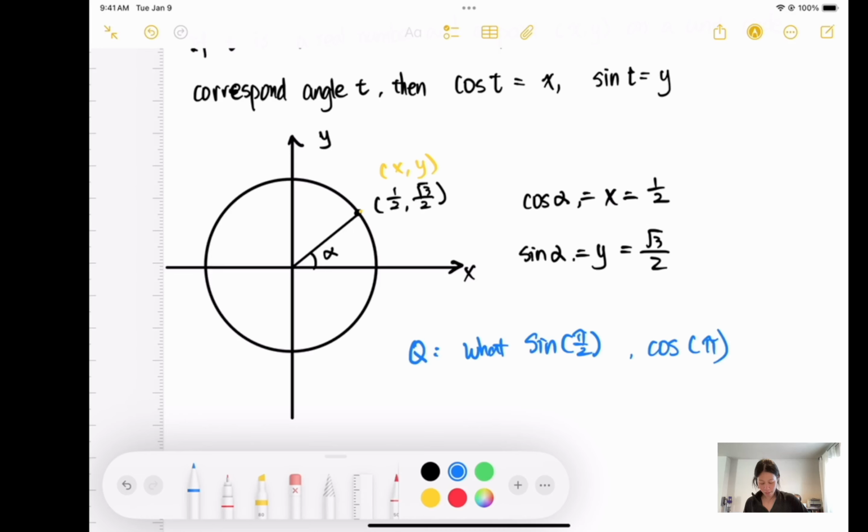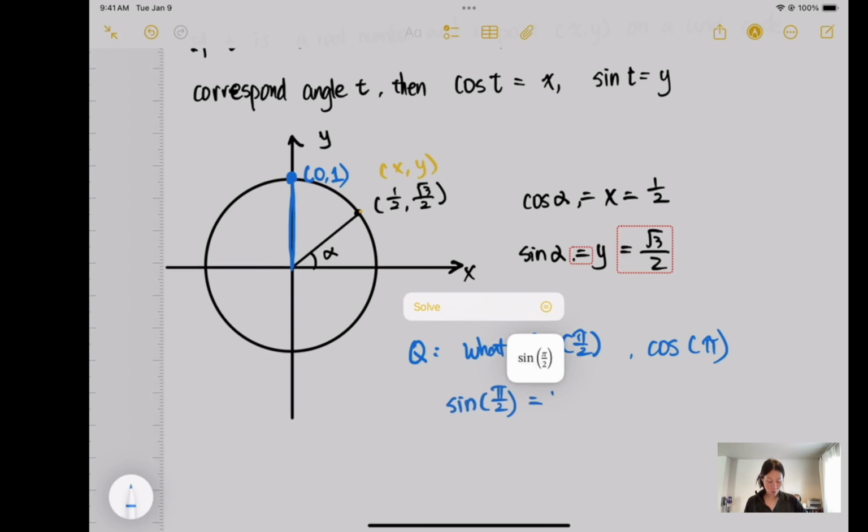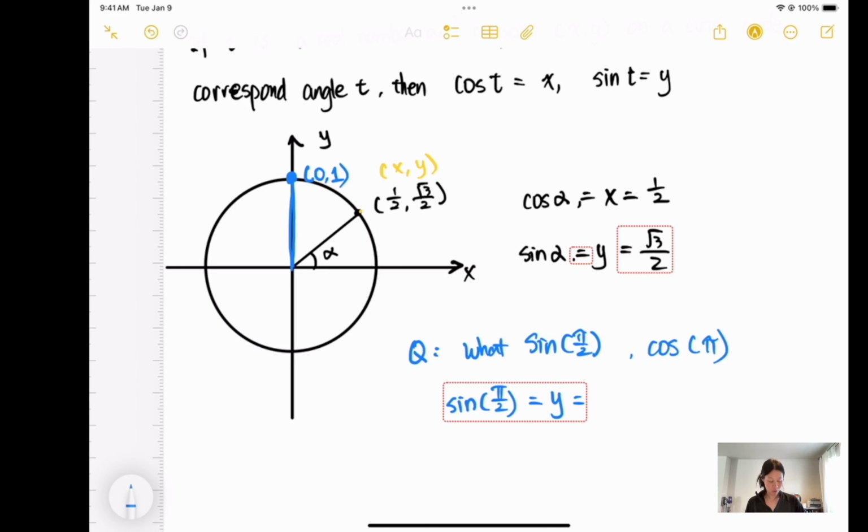On the coordinate plane, it would be in here, right? So where's the endpoint? The endpoint is on the y-axis, on the top of the unit circle. So the coordinate of this endpoint would be x equals 0, y equals 1. So that means sine pi/2 is equal to the y coordinate of the endpoint, which is 1. So sine 90 degrees is equal to 1.